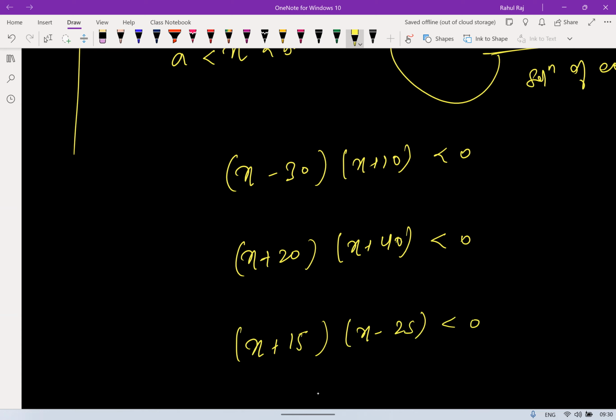Can you please write the answer for this? So a is 30 and b is minus 10. So x lies between minus 10 and 30. Perfect. Good.